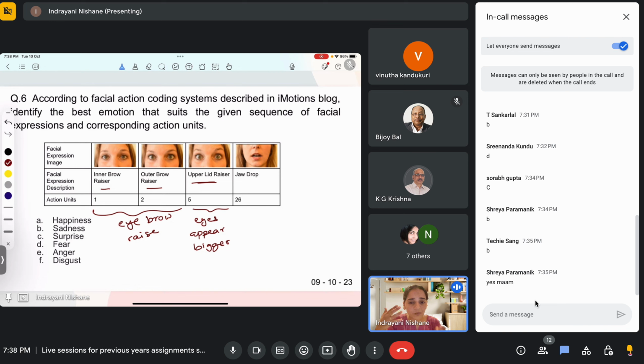When we are sad, probably the eyebrows would be like how mine are right now, and that would be shown by the majority of learners. But when we are raising our eyebrows and making our eyes big, will that be associated with sadness? Do you agree, Shreya? I want Shreya to give the answer, because we need to convince her to increase our kappa score, that it's not sadness.